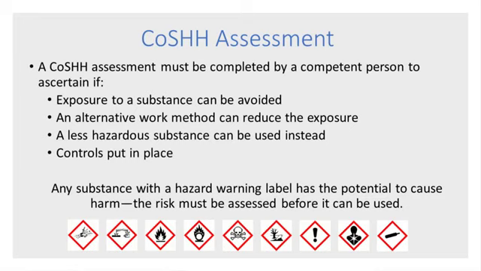When we refer to a COSHH assessment, it's the exposure to a substance that we're trying to avoid. There may be alternative work methods that can reduce the exposure, or it may be that we can replace the substance with something else that is less harmful. Often companies use the same substances because they're the ones they have always used, but maybe they can source alternatives by contacting the supplier of this material.